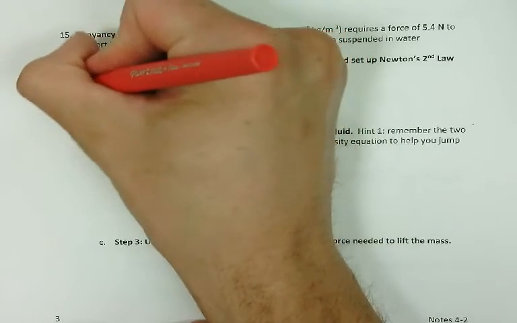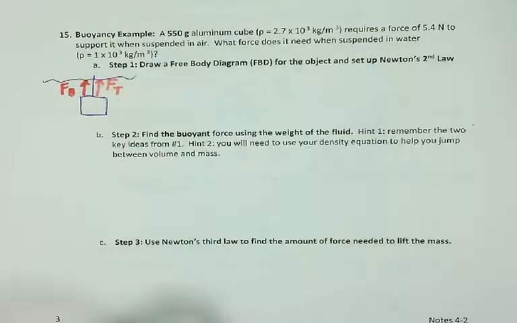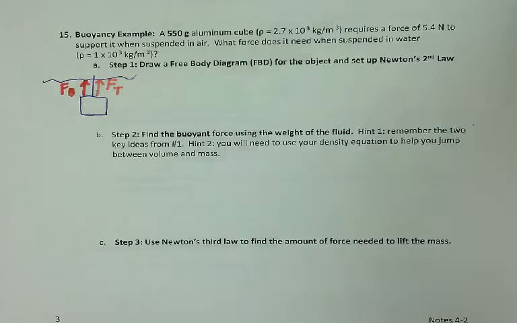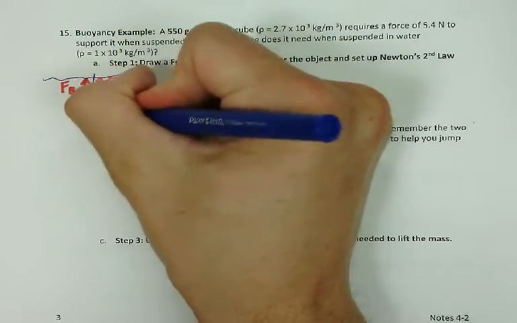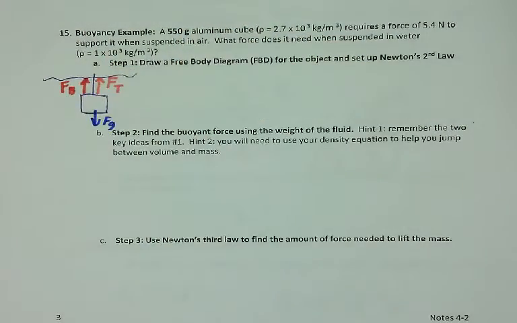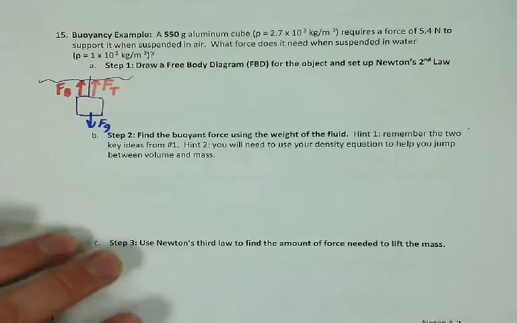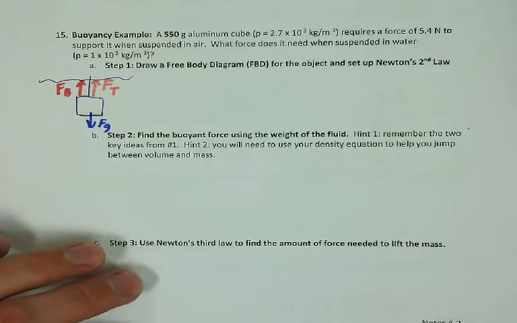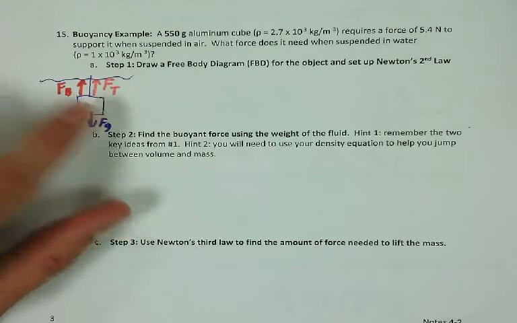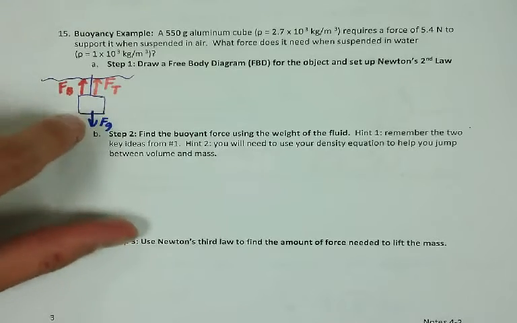And that's true for the air. There's a buoyant force in the air too. It's just very tiny. And then there's some downward force of gravity. So there's my forces. Buoyant force up, tension up, but for whatever the support force is, you can call it normal. It doesn't matter. There's some upward force in addition to buoyant force, and then gravity down.